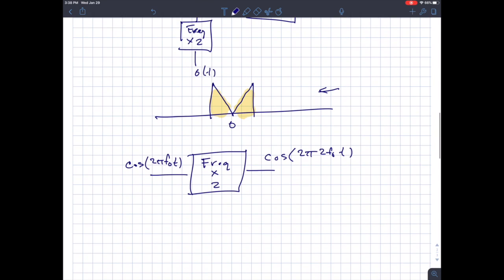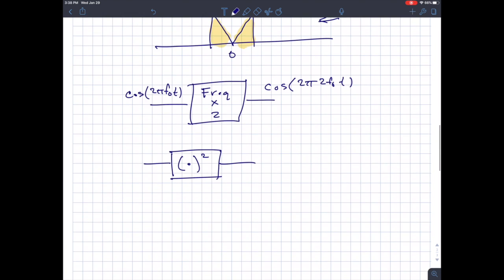All right, so consider the following. What if we took an oscillator, okay, and we put it into a square law kind of device? All right, so there's all kinds of circuits you can build that have nonlinearities that would give you an input-output transfer function that looks something like this, something like squaring.